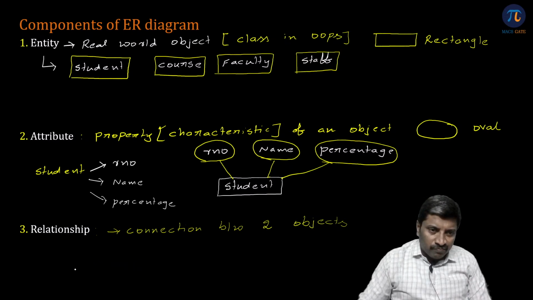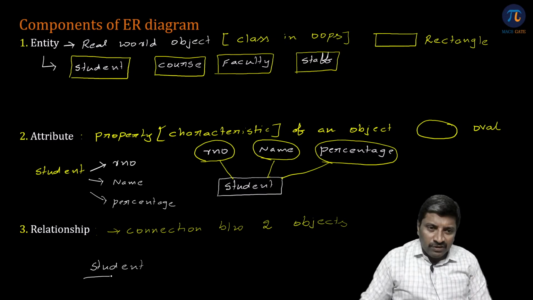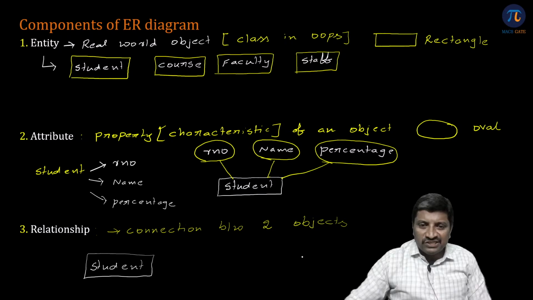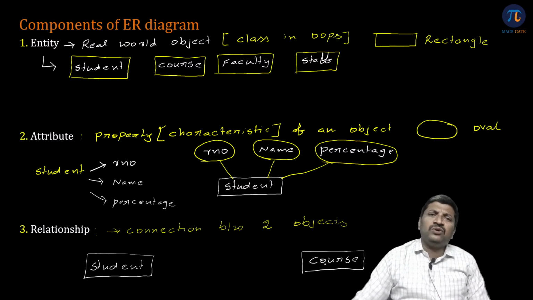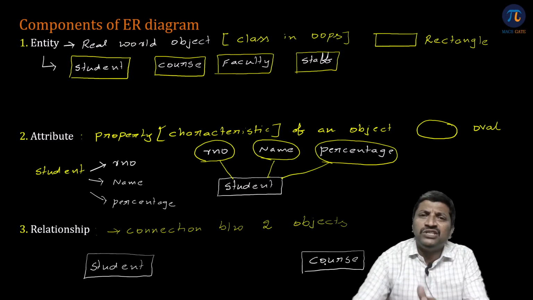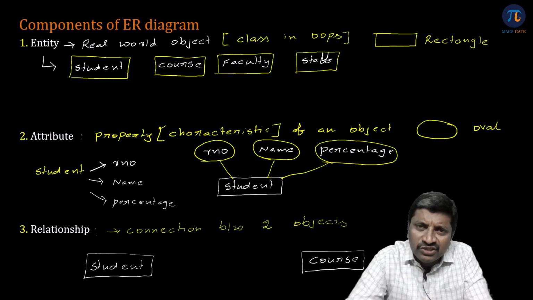Student is my first object, and let us represent it by a rectangle. And the second object which I am going to consider is course. This is the second one. Now the question is, what is the connection between these two, sir? Or what is the relation between these two?